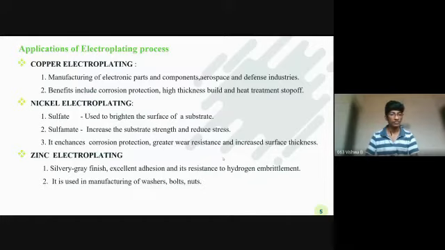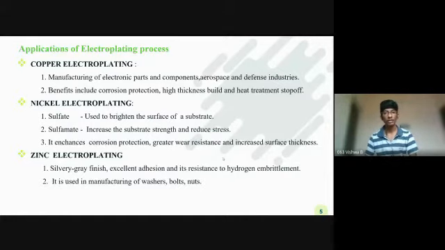Zinc electroplating is majorly used for a silvery gray finish, with excellent adhesion, and is resistant to hydrogen embrittlement. Embrittlement makes the material brittle.